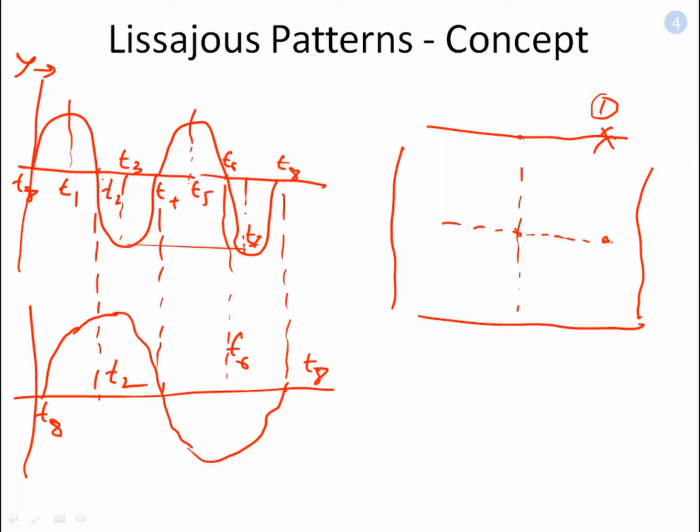You see when you are reaching the point T2, the signal across X is at its maximum. So X is maximum, but Y is not maximum, rather it is becoming 0. So X is maximum, Y is 0. So you can say that this is the point, right?